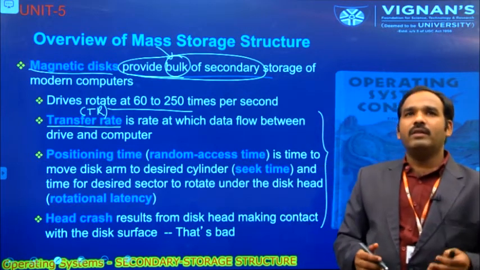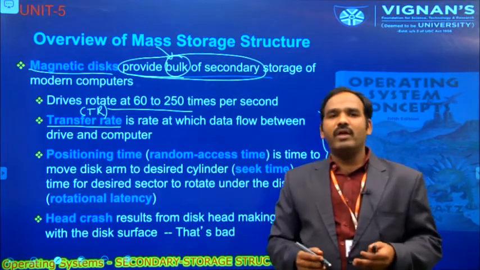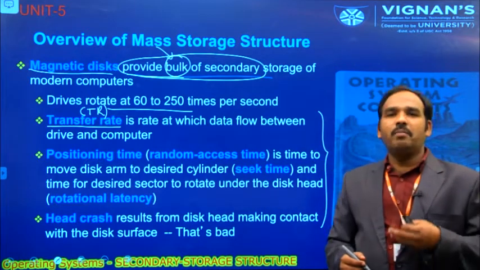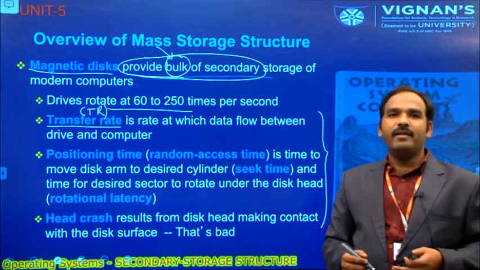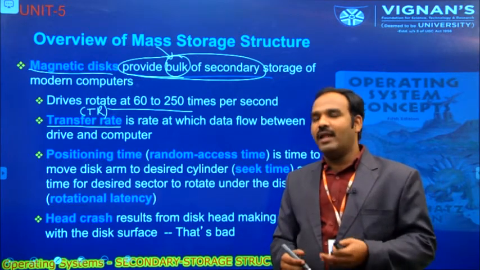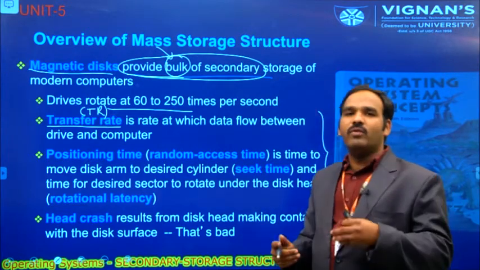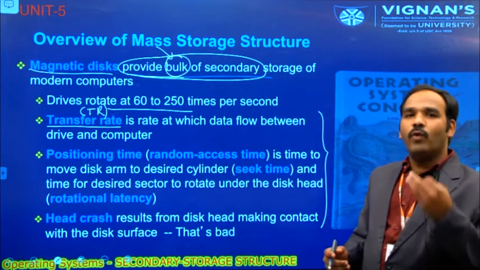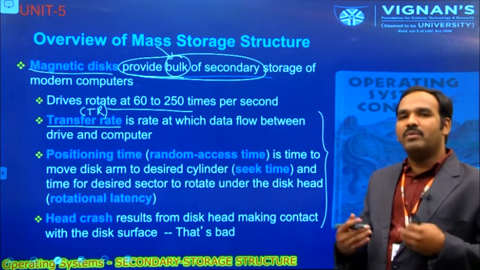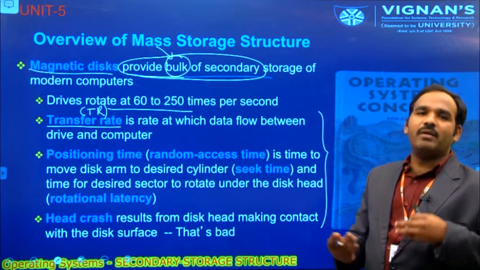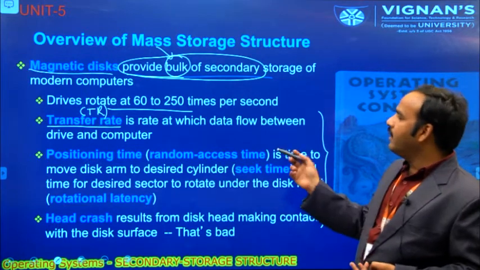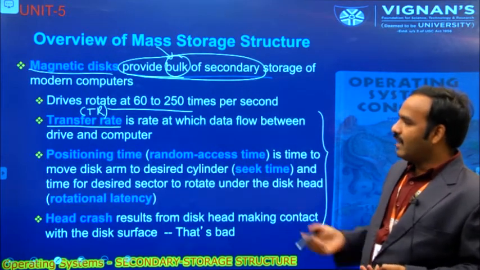The units of transfer rate are bits per second, bytes per second, megabytes per second, like that. So transfer rate means the data flow from the drive to the computer, and vice versa, computer to drive.